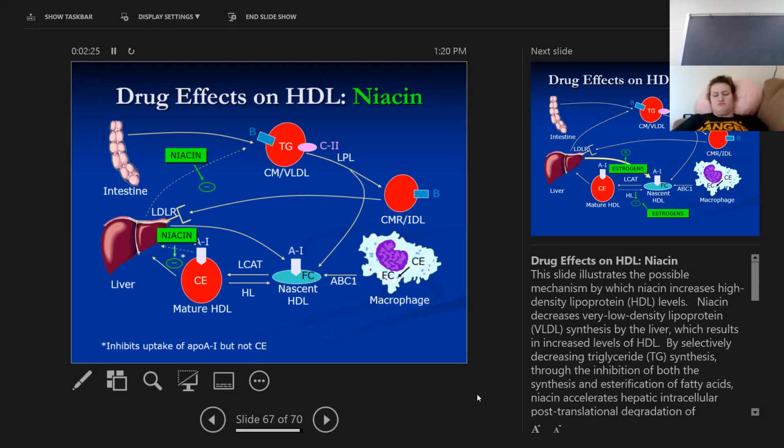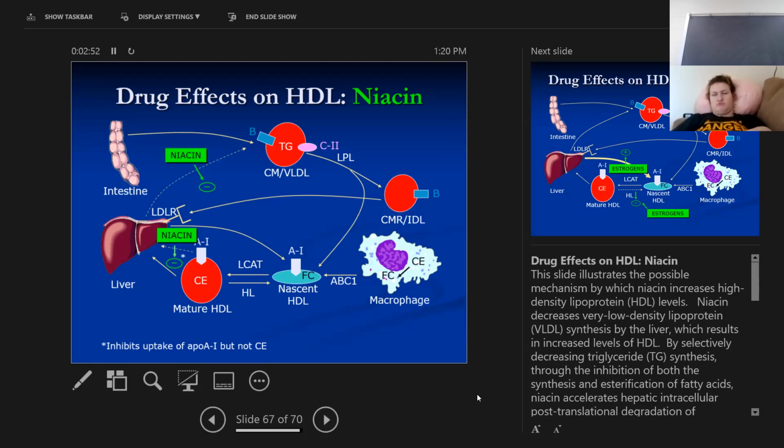Niacin, when you take it, can cause your skin to flush red because of a histamine release. If you take a baby aspirin half an hour before you take the niacin, you'll prevent that from happening. There are also non-flush niacin preparations because they're gradual release niacin. Niaspan is the commercial version.